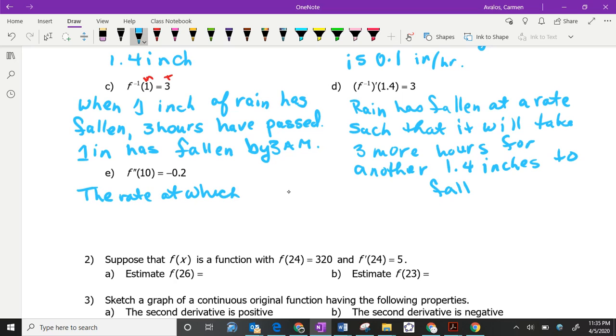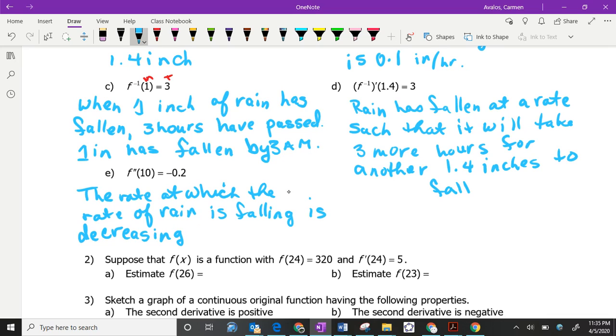at which the rate of the rain, or acceleration, is decreasing, because that's the negative. The decreasing, we no longer have to write the negative in there because that takes care of it.